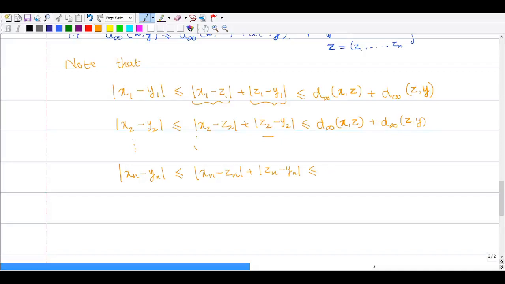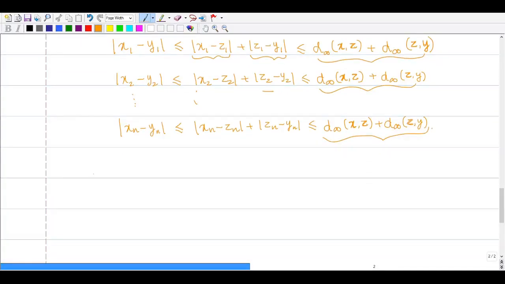So என்ன கிடைக்கும், d infinity of x comma z plus d infinity of z comma y, ஓகேங்களா. Note that இது எல்லாமே ஒரே நம்பர் பாருங்க. அப்போ in short, summarily இது எல்லாத்தையும் சேர்த்து எழுதுவோம், ஓகேங்களா, so altogether.